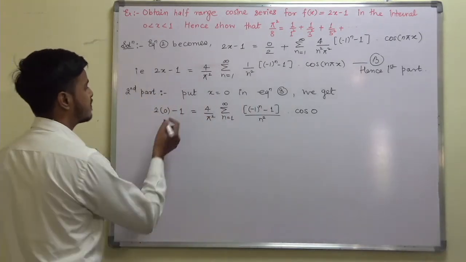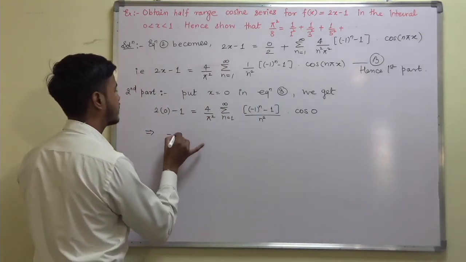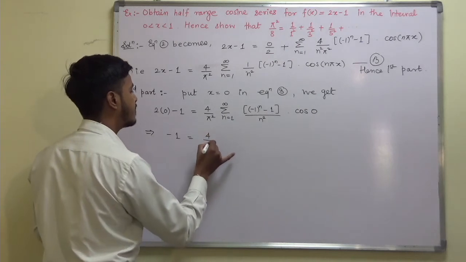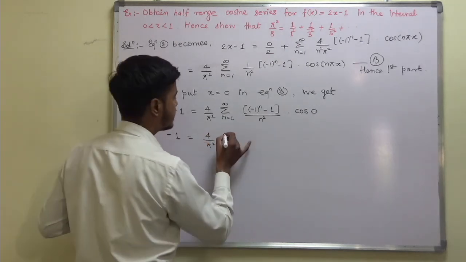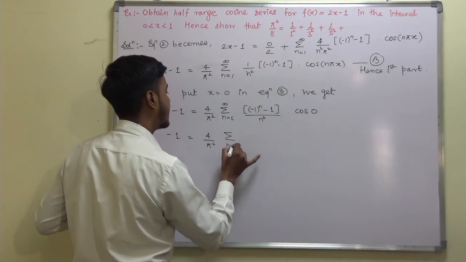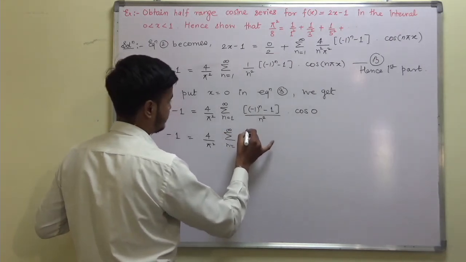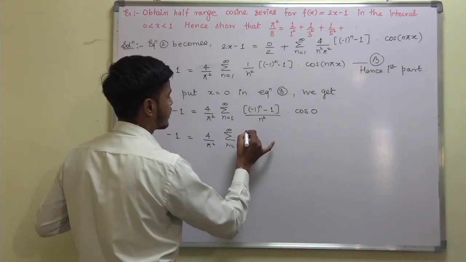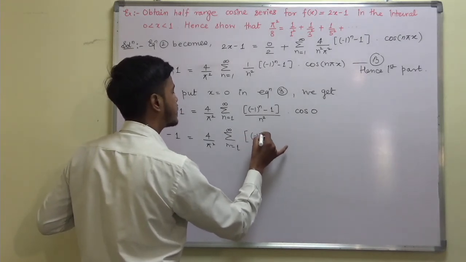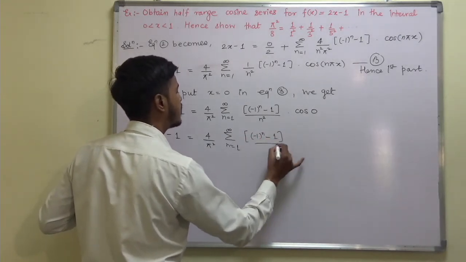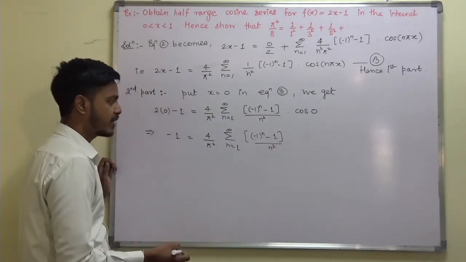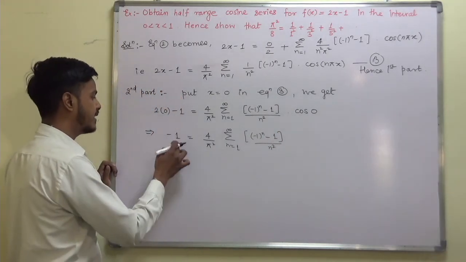This is minus 1 is equal to 4 by pi square times the summation from n equals 1 to infinity of minus 1 to the power n minus 1 upon n square. Now take this to the left.